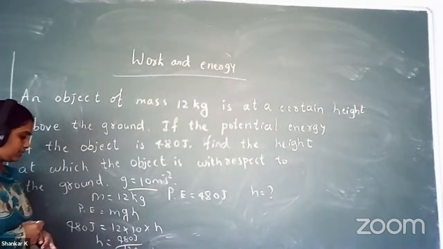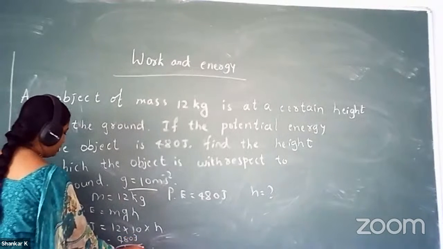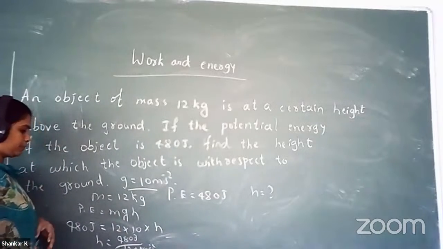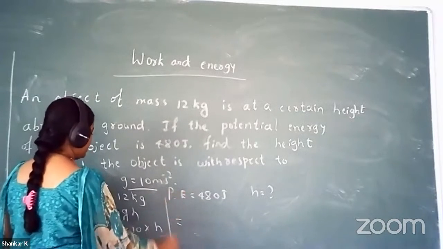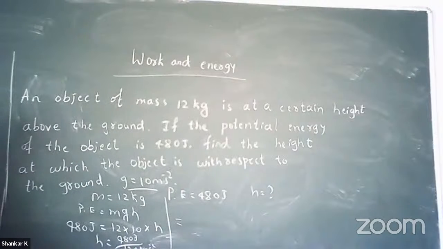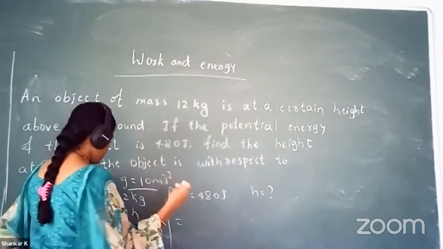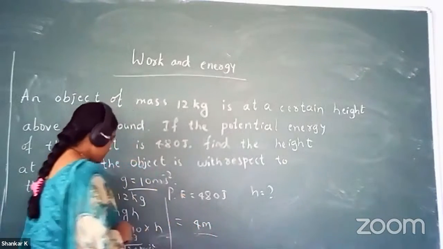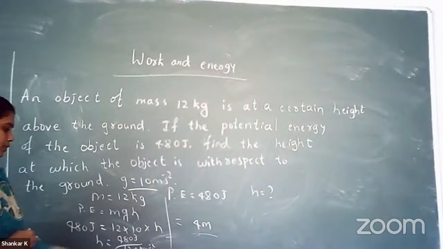Kg meter per second square, and below also kg meter per second square. Then what is the answer? Yes, 4 meters. Joule means 1 joule is kg meter square per second square, so it is cancelled and we say that 4 meters.